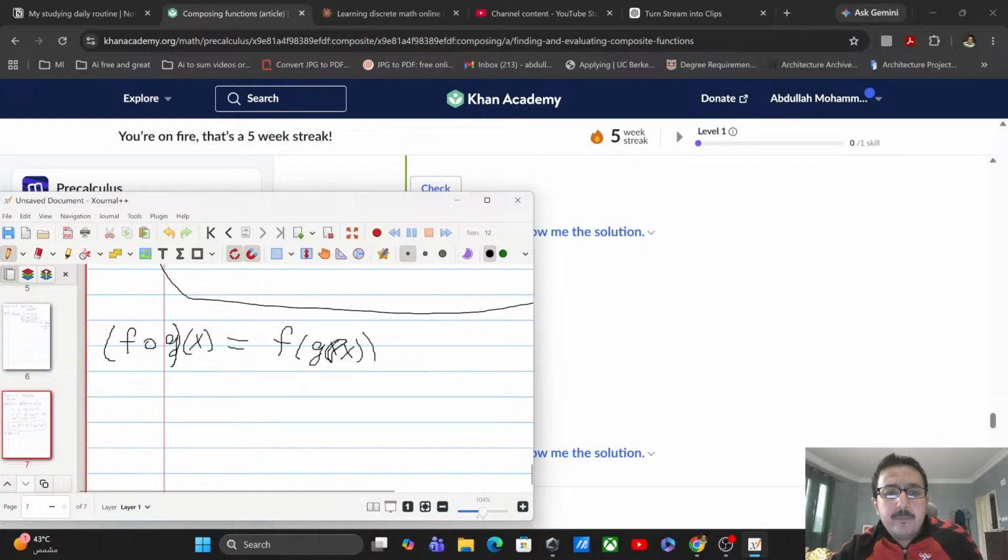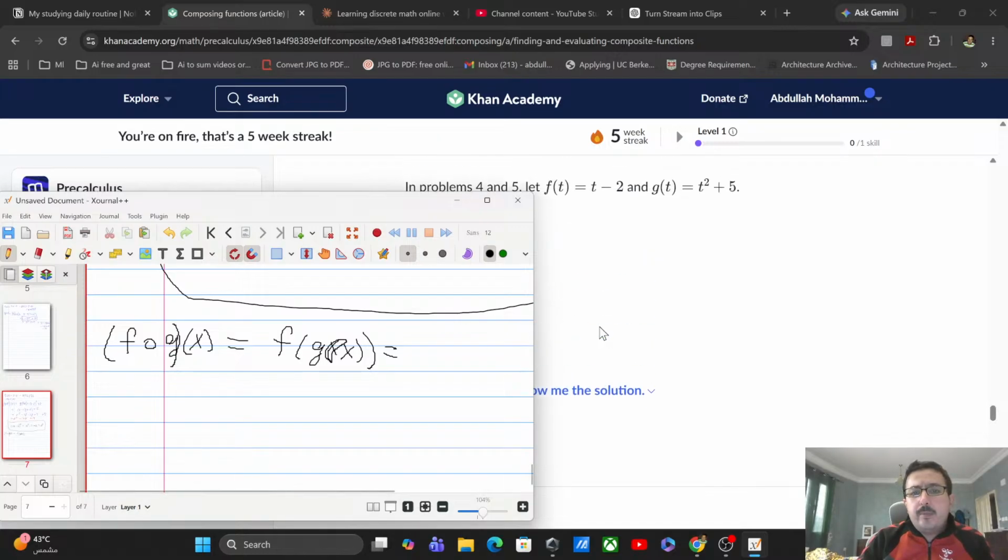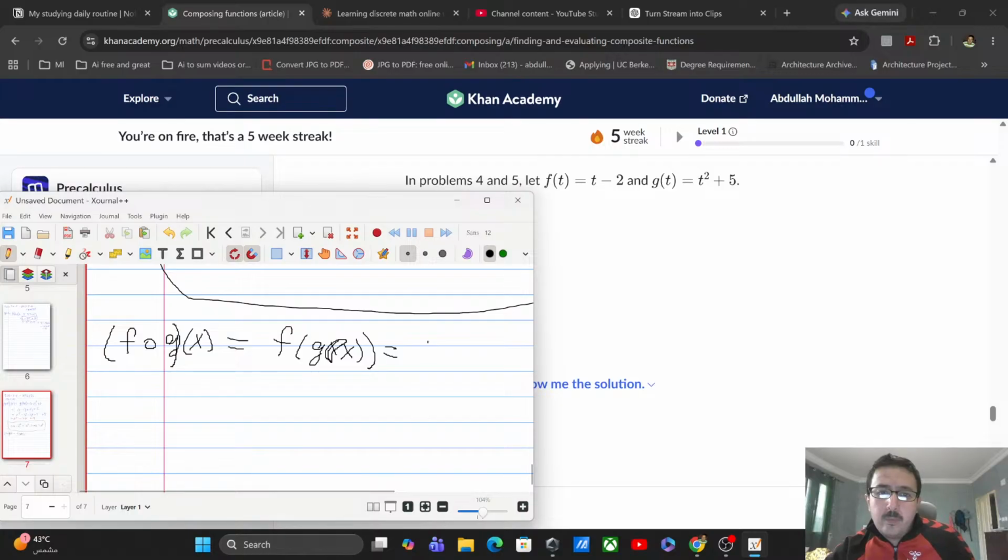We just flipped what is the outside formula, so we go back here. We have f(t) = t minus 2, so we get t squared plus 5 minus 2, which equals t squared plus 3.